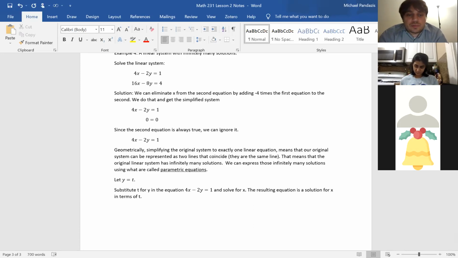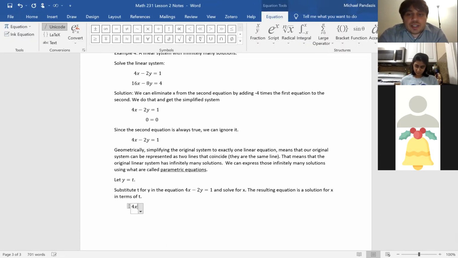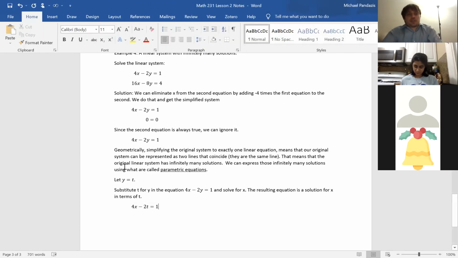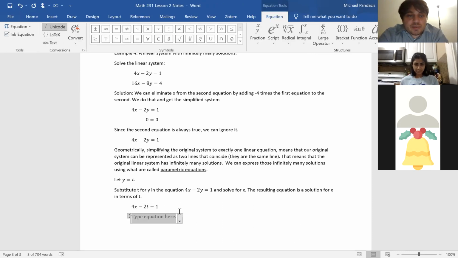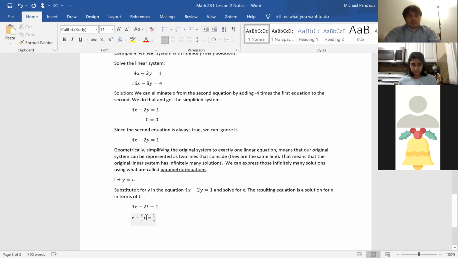Okay, so you have 4x minus 2t is equal to 1 because you let y equal to t. So if you let y equal to t, then that means 4x minus 2t equals 1. Then solve for x in terms of t. So you can divide both sides by 4, and you have x minus 2/4 t is equal to 1/4, right?